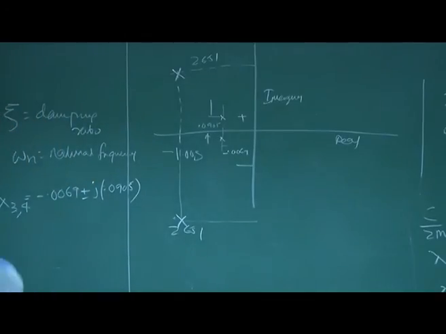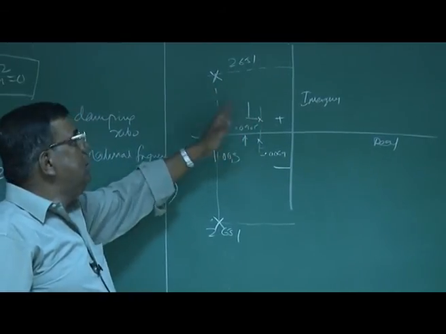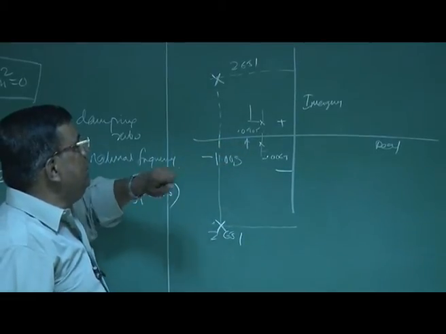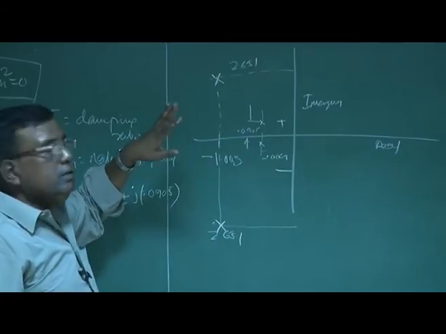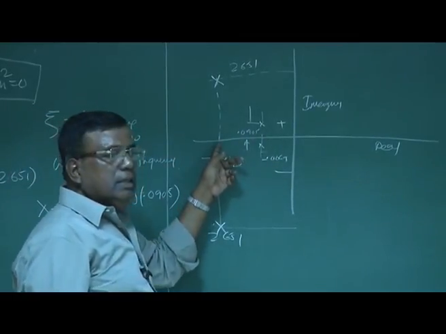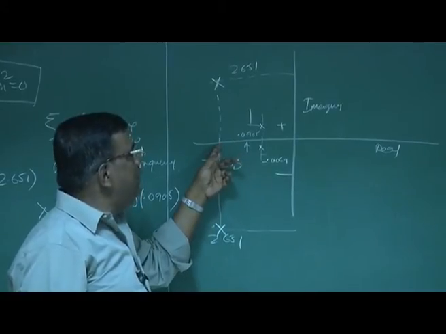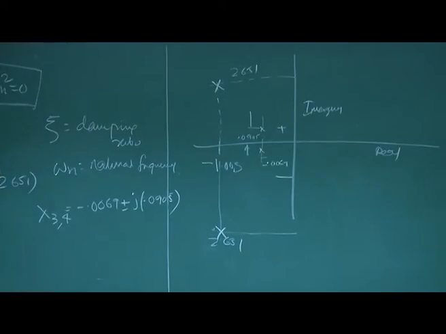So immediately you could see that if roots are displayed like this, this is one complex conjugate, and another complex conjugate. There are two pairs of complex conjugates. Immediately you know that this corresponds to the longitudinal case, and one of the pairs has a very large negative real value, and another has a smaller negative value. And larger negative value means it will decay very fast. This understanding we should have.